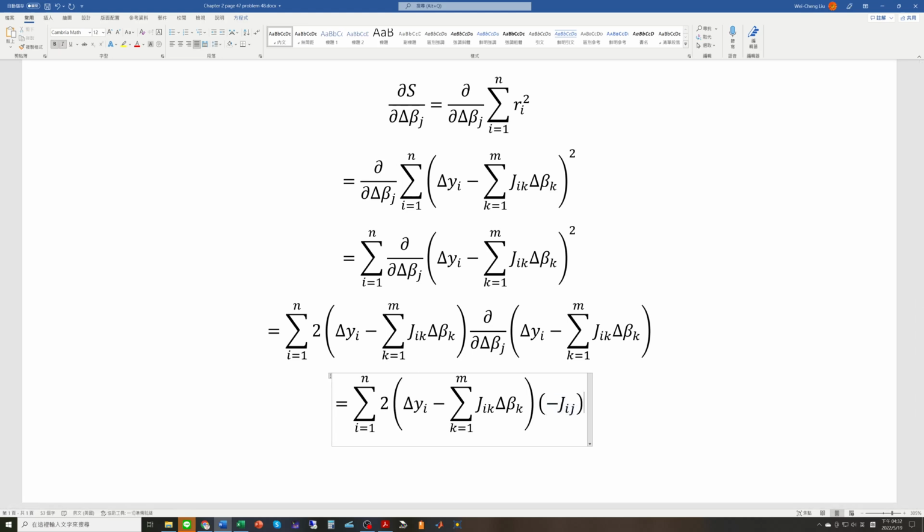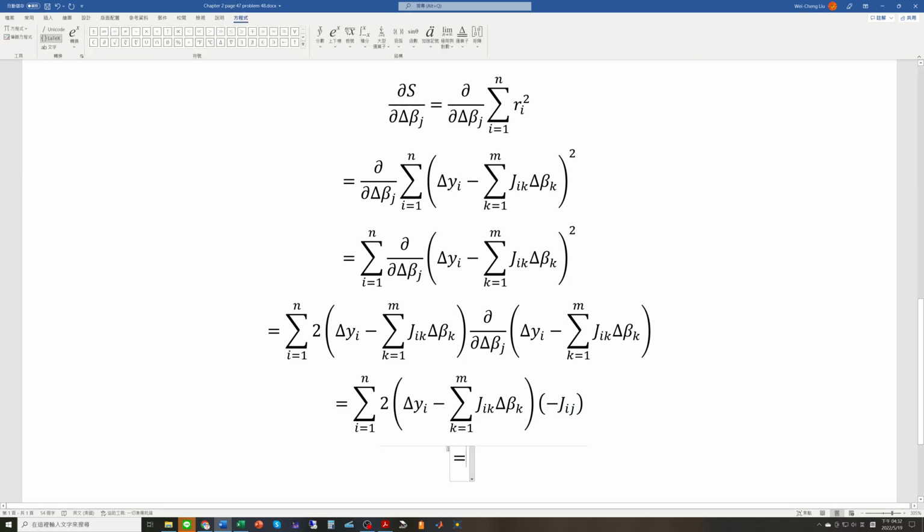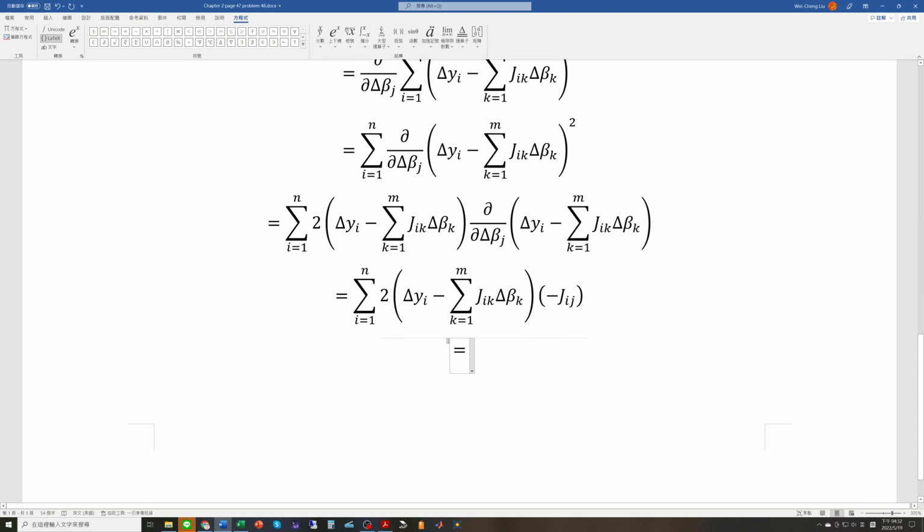Next, we can move the negative sign and the constant 2 out of the summation, so it is equal to negative 2 and summation.